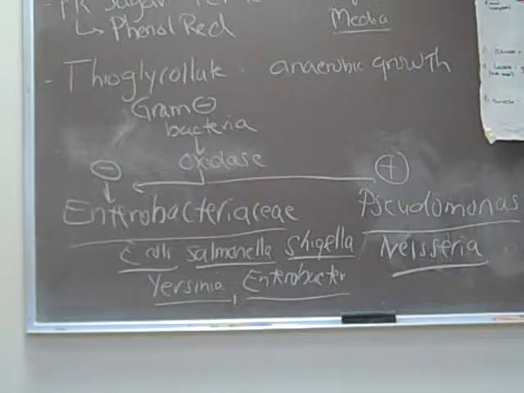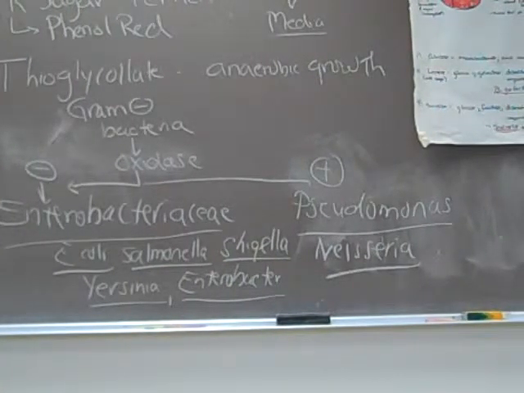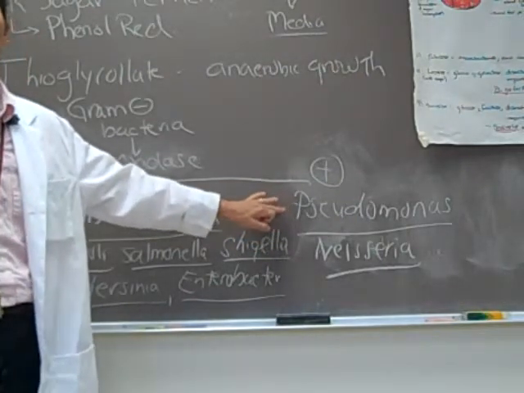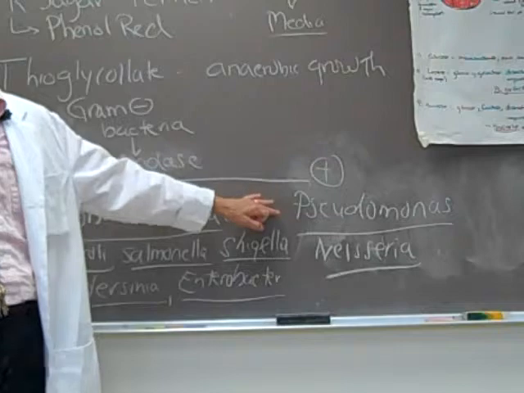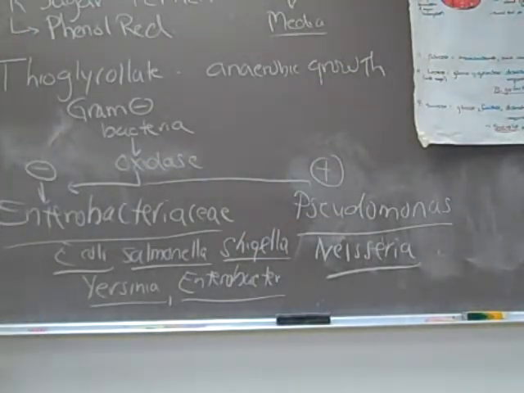So even though we're not going to run the test, on the lab practical I would like you to know that this big group of gram-negative bacteria, the Enterobacteriaceae, are all oxidase negative. And then I would like you to know these two examples of potential gram-negative bacterial pathogens that are oxidase positive. Okay? All right.